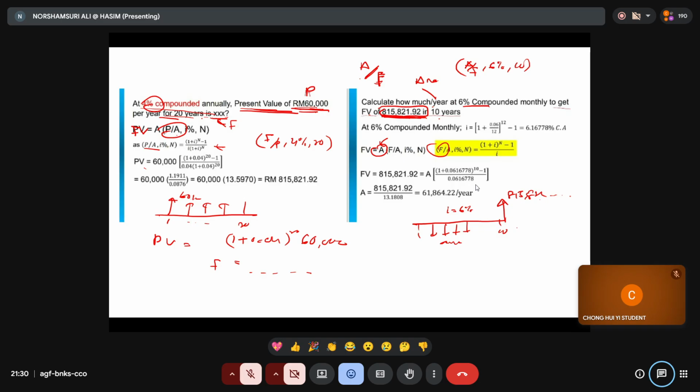That's why it's important to draw the cash flow diagram. Sorry, not plot diagram, cash flow diagram.